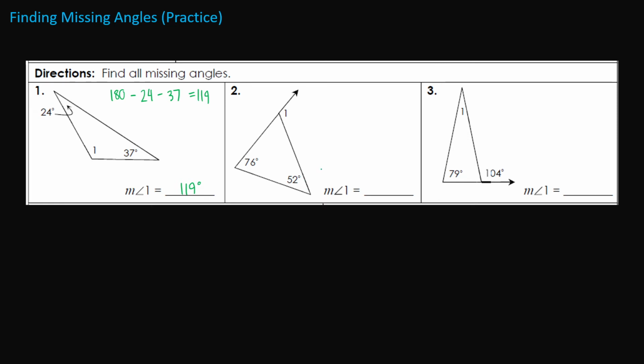In number 2, we are seeing an exterior angle given here, and we're asked to find the measure of angle 1. Again, 2 ways to go about this.